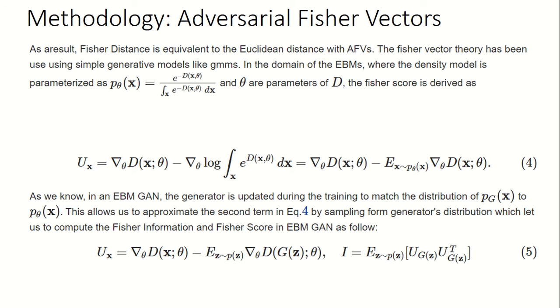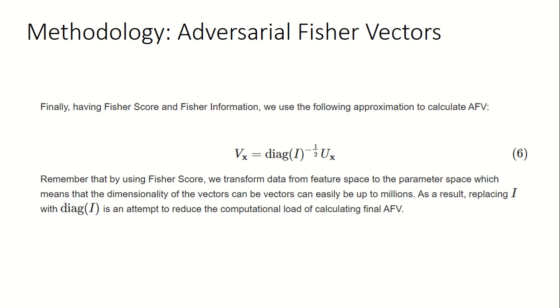So here we replace P theta with Pz, and we replace dx with dgz. So we can easily calculate this Fisher score based on the given approximations. And finally, the adversarial Fisher vector is calculated based on the Fisher score.